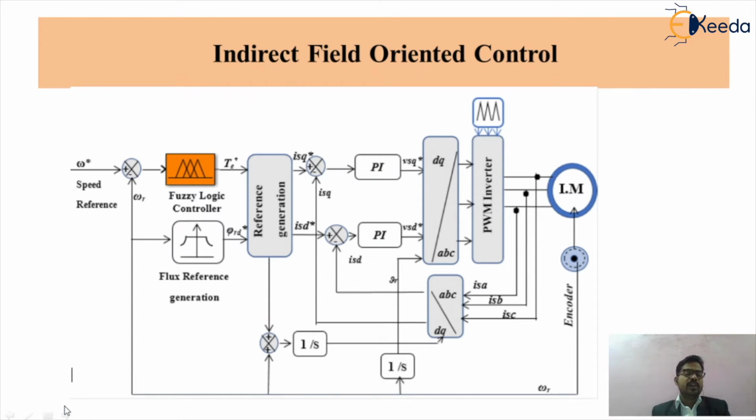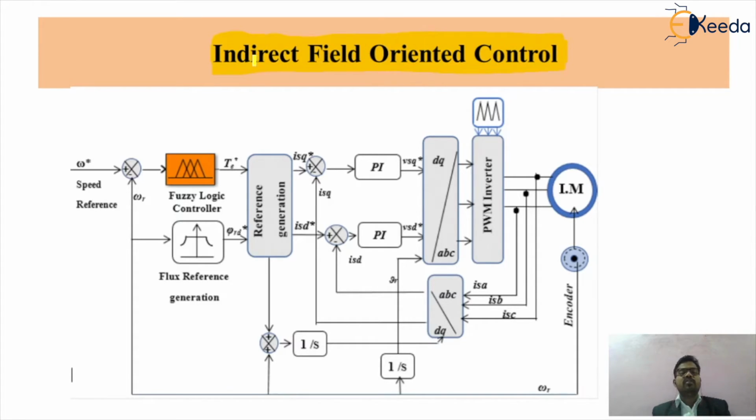Now friends, we move to the second type of field oriented control scheme, which is called the indirect field oriented control scheme. In that particular scheme, as we have seen, the rotor angle will be controlled indirectly by means of the slip speed.